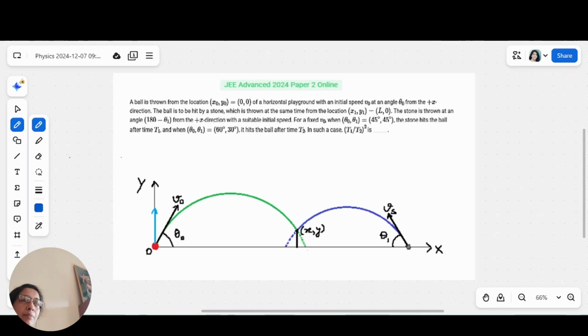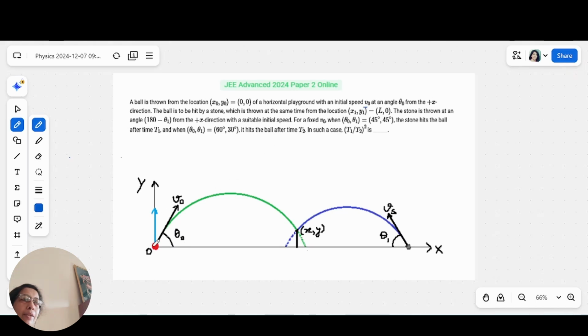Now it's time to level up with the real JEE Advanced problem. It's of 2024. The problem reads, a ball, here I have shown a red colored ball, is thrown from the location x0, y0, which is the origin 0, 0 of a horizontal playground with an initial speed v0.